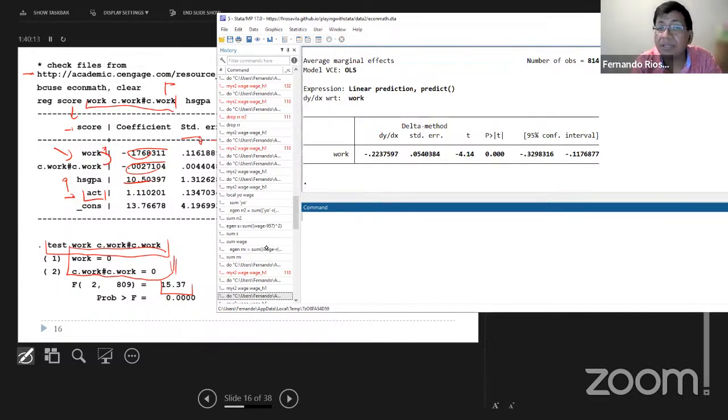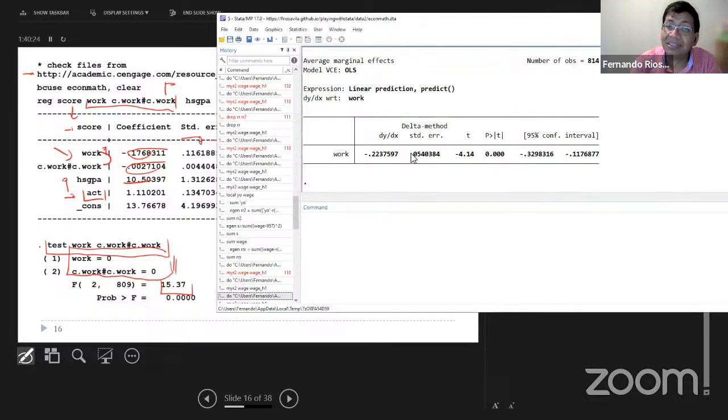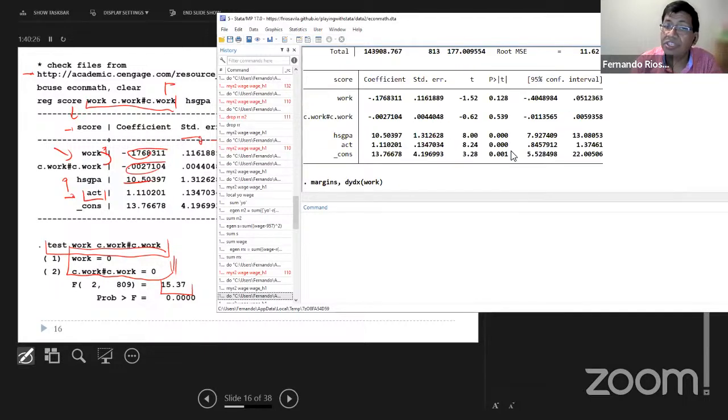And this tells me that for each additional hour of work, the score is going to decline by 0.2, and this effect is statistically significant, which is different from what the individual coefficients would tell.